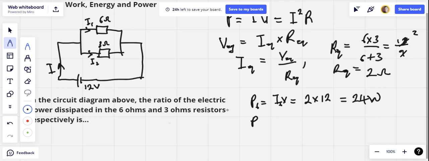And then power through the 3 ohm resistor, P3, will be current through the 3 ohm resistor times the voltage across it. The voltage across it is 12. The current through the 3 ohm resistor was 4 amps. So that will be 4 times 12, and 4 times 12 is 48 watts.